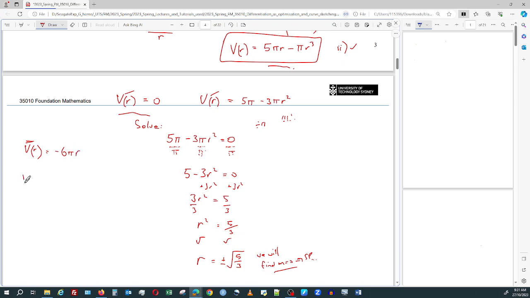So if we check our second derivative at square root of 5/3, using our function notation, then we'll have the square root of 5/3, and so I'll use my calculator again.